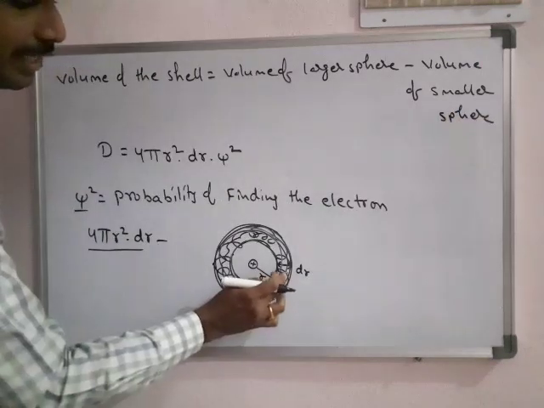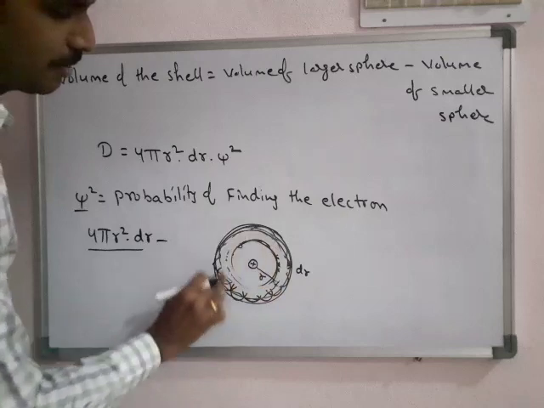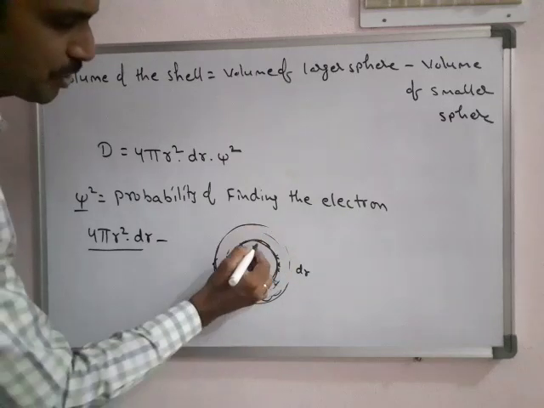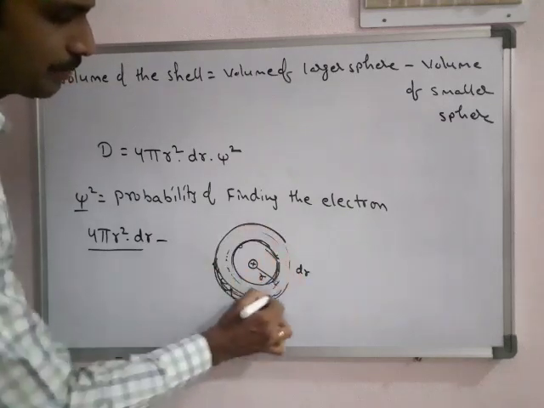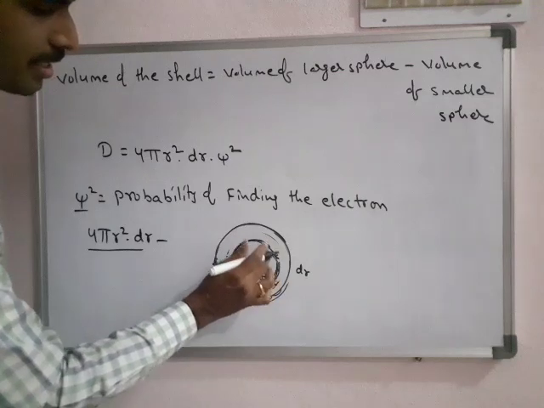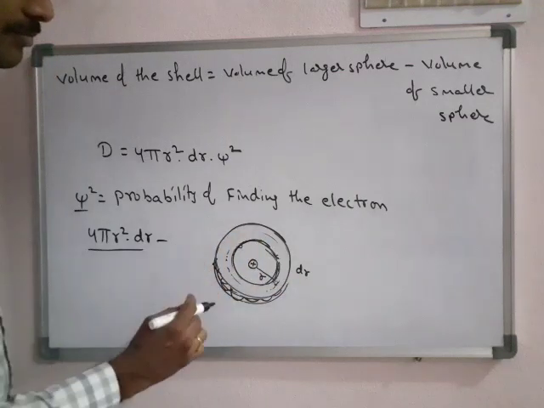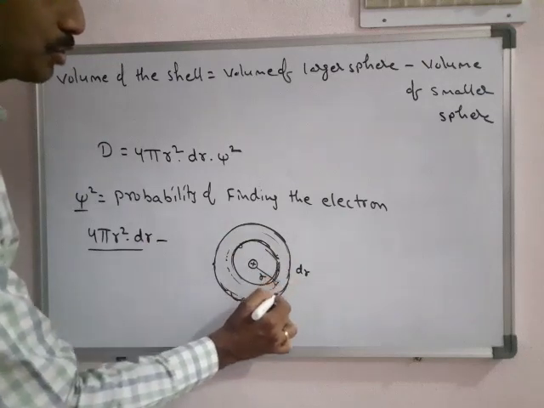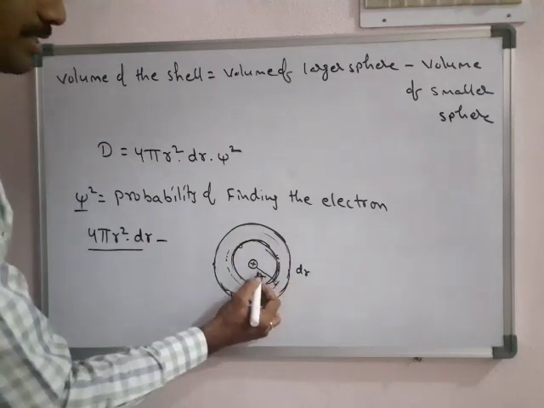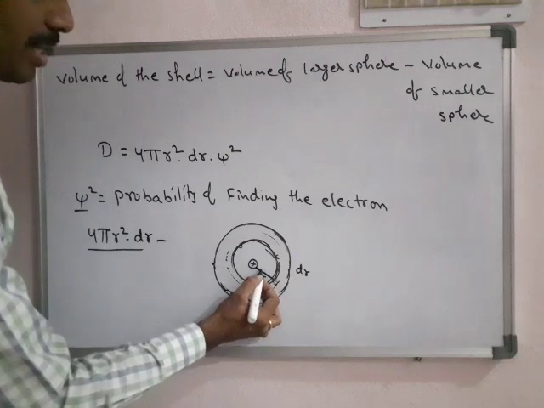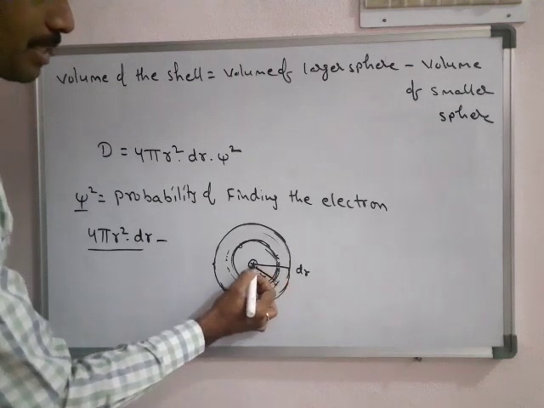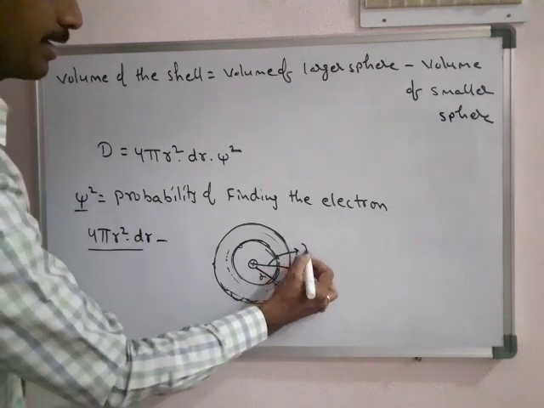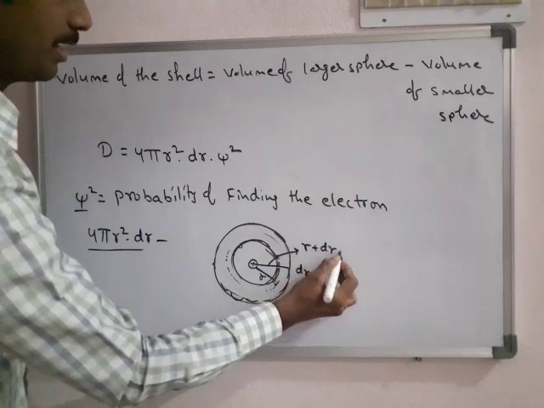Then we will get the area of this inner part. Inner part higher part minus inner part, we will get this area. What is the radius? The inner sphere radius is r, so the outer sphere radius becomes r plus dr.